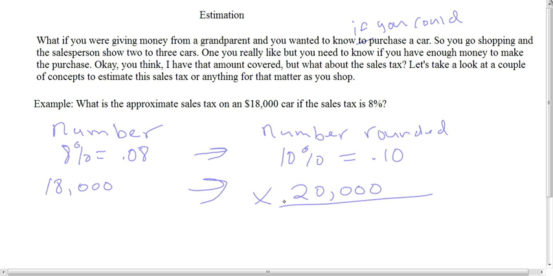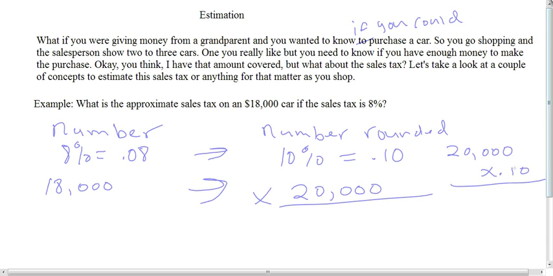Okay, so now we will take our computation. Here we need to determine, what is the sales tax? So the sales tax would be multiplication: 0.10 times 20,000. So we have 20,000 times 0.10. Now you notice I put that 0 on the very end, and the reason why is because the zero property of multiplication says 0 times 0 equals 0.